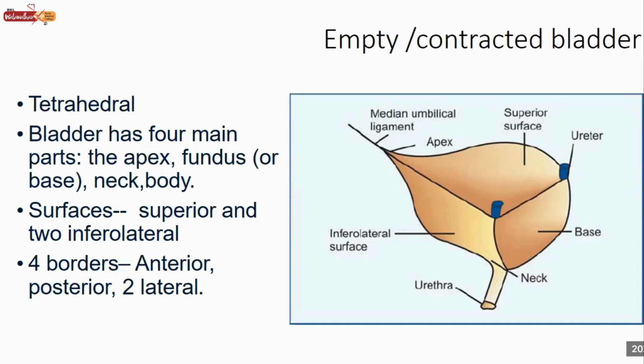The surfaces of the bladder: one which you can see in the diagram, the uppermost, is the superior surface, extending from the apex to the posterior border of the bladder. Then 2 inferolateral surfaces, as my palm is showing, extending from the apex.